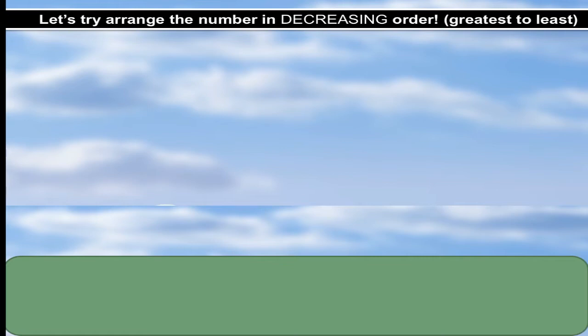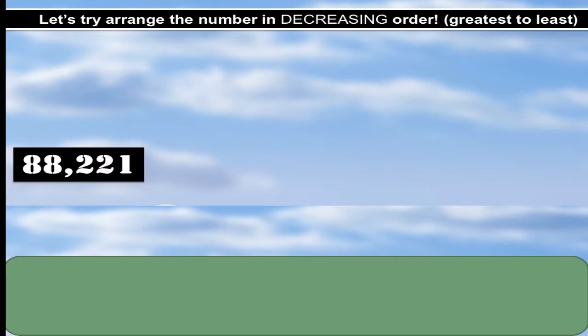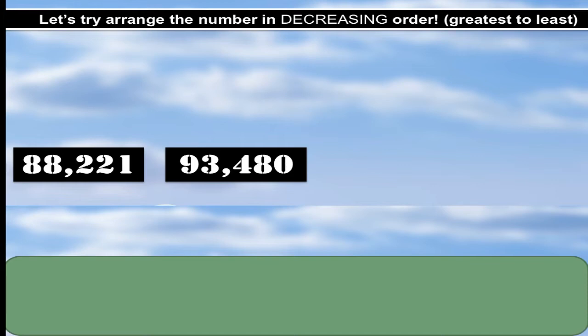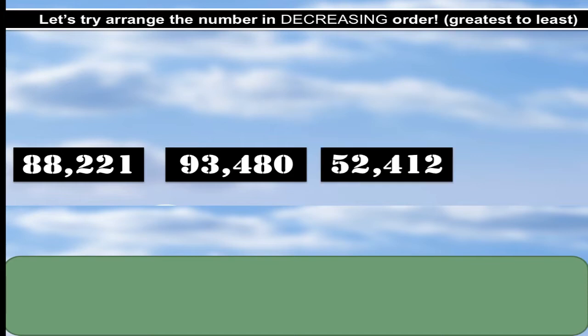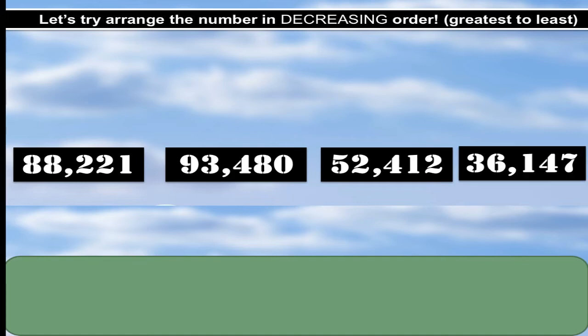Let's again try to arrange the sets of numbers in decreasing order or from greatest to least. We have 88,221, 93,480, 52,412, and 36,147. This time, we'll be dealing with 5-digit numbers.